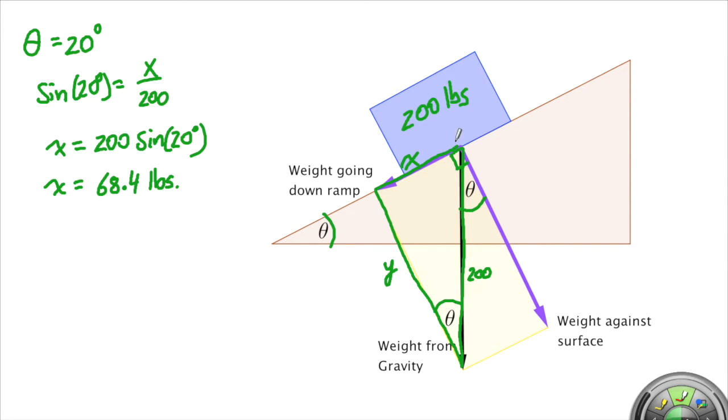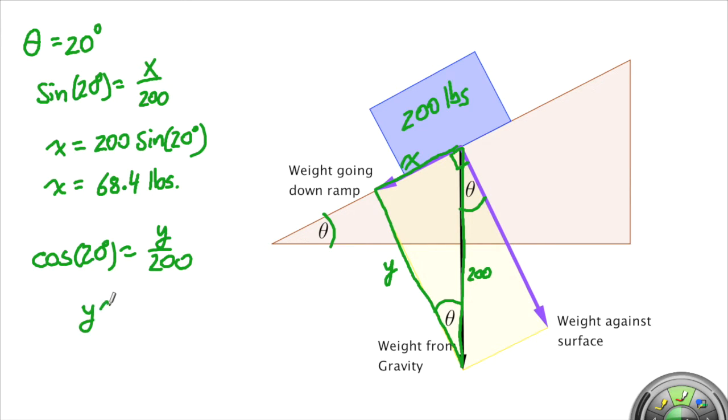All right, let's see how much is applied against the ramp itself. That would be y. Here we have the angle. This side is adjacent, this side is hypotenuse. So cosine of 20 degrees is equal to y over 200. Therefore, multiply 200 by cosine of 20 degrees, which gives 187.9.